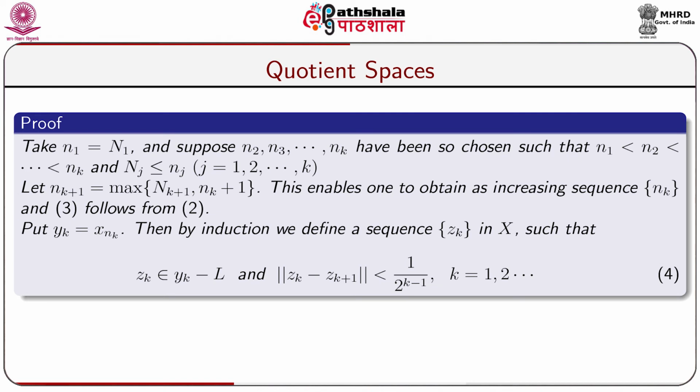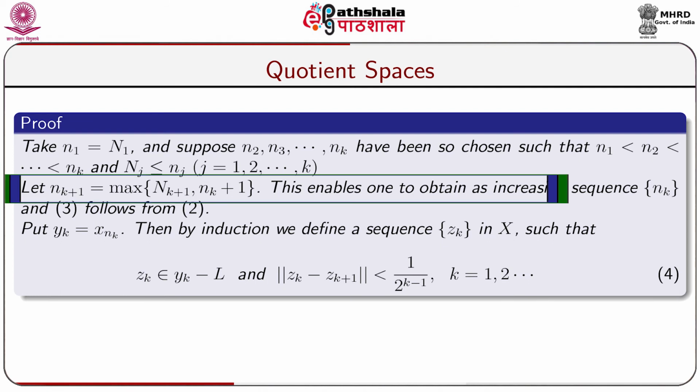Take n1 equal to capital N1, and suppose n2, n3, ..., nk have been so chosen such that n1 < n2 < n3 < ... < nk, and capital Nj is so chosen that capital Nj ≤ nj, where j = 1, 2, up to k.